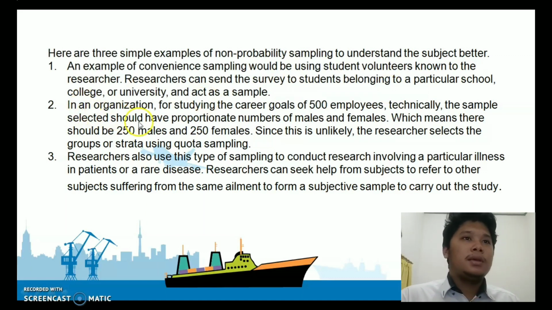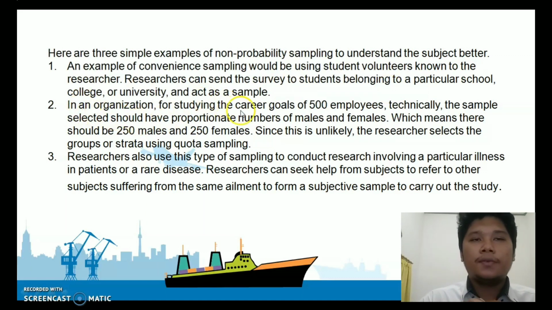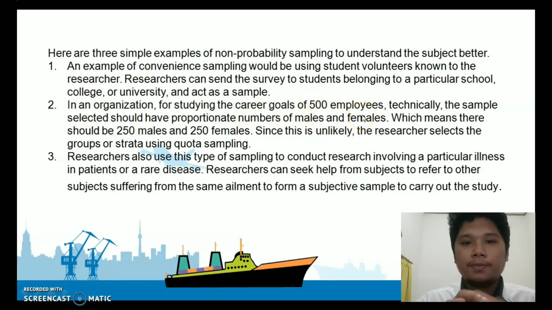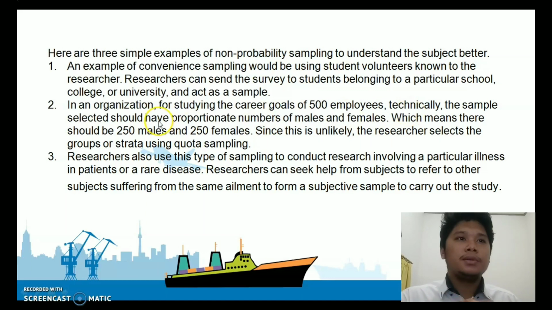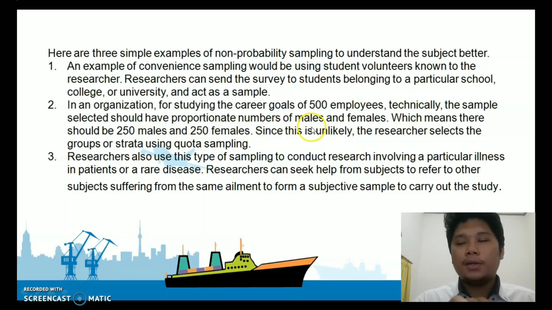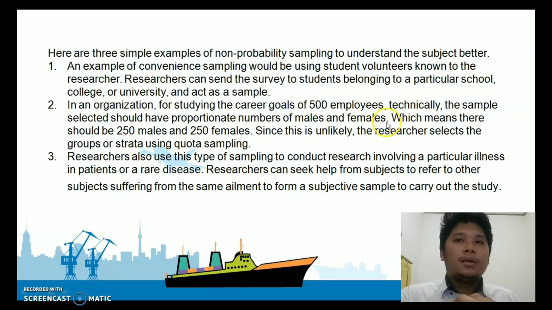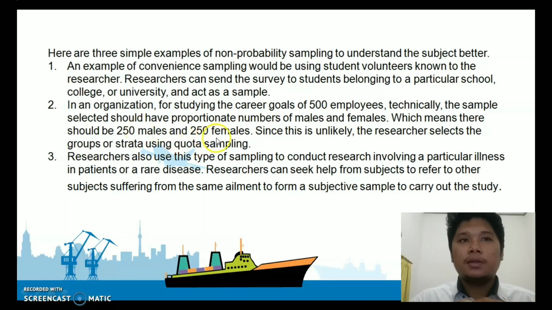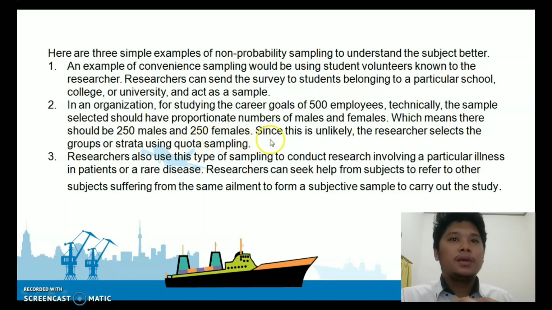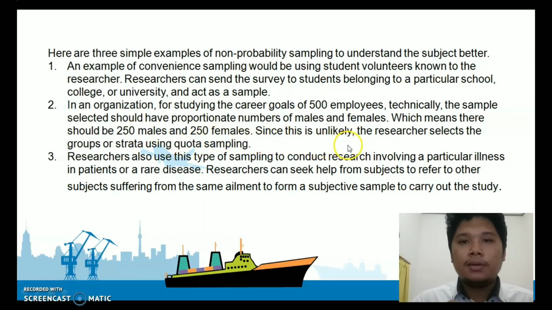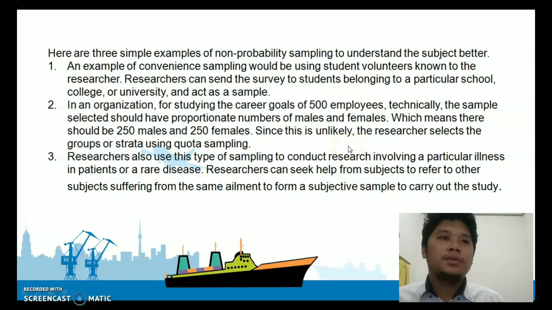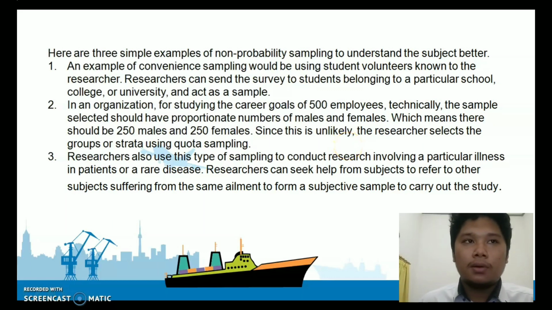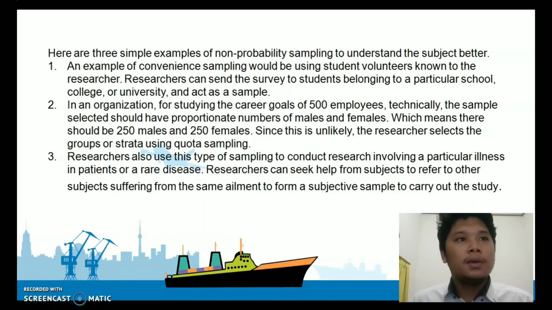The next, in an organization for studying the career goals of 500 employees, technically the sample selected should have a proportionate number of males and females, which means there should be 250 males and 250 females. Since this is unlikely, the researcher selects two groups or strata using quota sampling.